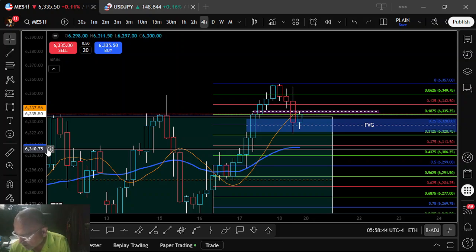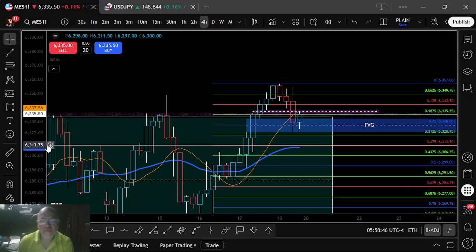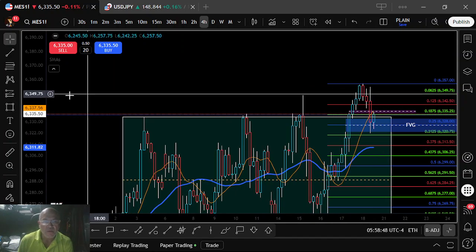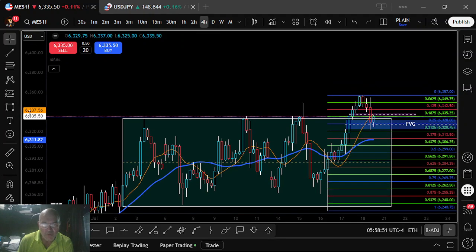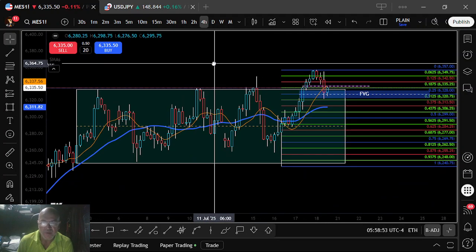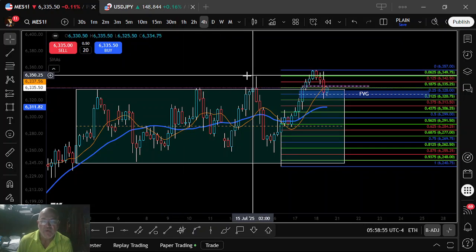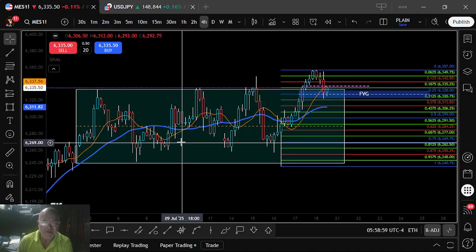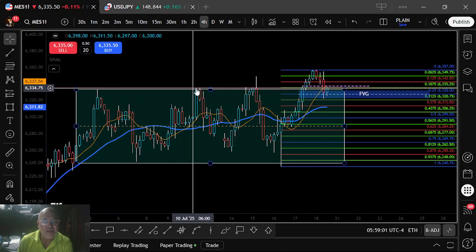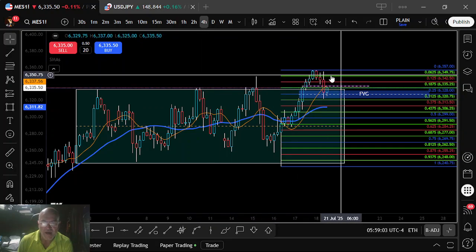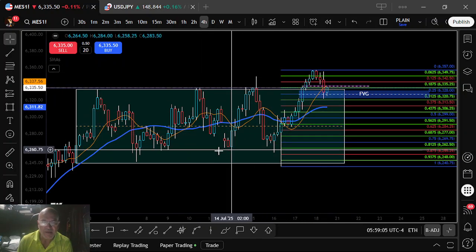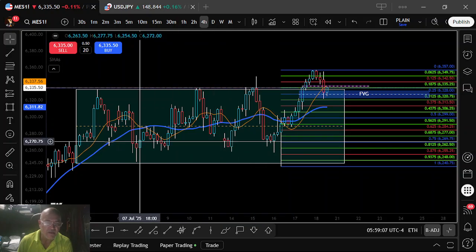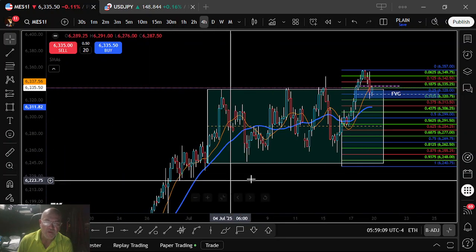But the overlying way that the market moves is still in play. We've been moving in an uptrend, even in the range, taking external liquidity to the highs and coming down and taking internal liquidity from the lows.